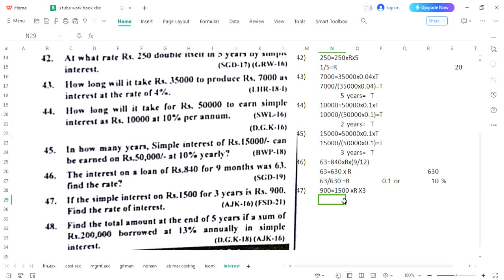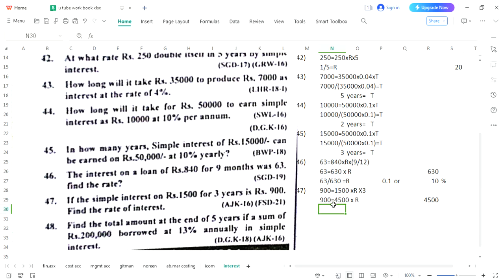Statement has been completed. Now please note it down. 1500 and 3 are being multiplied over here. 1500 multiplied by 3, we have got 4500. So what statement will we get? 900 is already present, equal to this 4500 we have calculated, then multiplied by R. R is coming as it is.